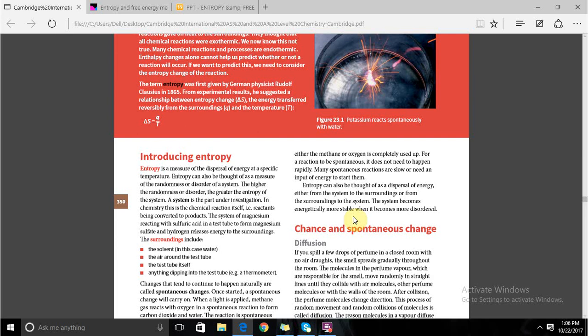Well, before moving onwards, we will have to define what a system and what a surrounding is. A system may be defined as the part that is under investigation, that is being examined, that we are considering. And here is the definition.